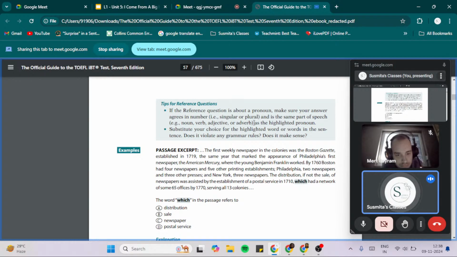For example, I can say a ball and balls, whenever there are two or more balls. That's where we have to make sure that we select the correct option. Again, try substituting your choice for the highlighted word in the sentence and make sure that it makes sense and does not sound grammatically incorrect. That is what you need to make sure about here.